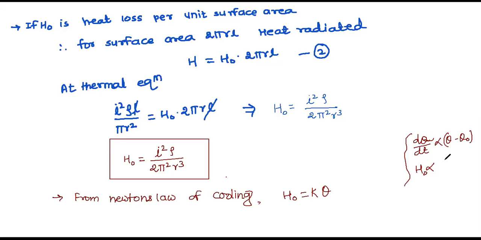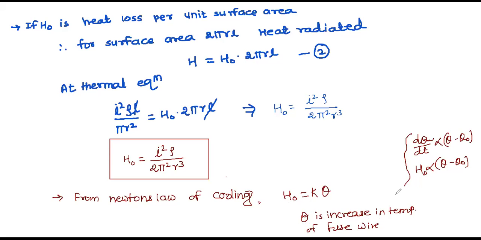That is proportional to theta minus theta naught, or you can say theta is also the change in temperature only. So what is theta here? Theta is the increase in temperature of fuse wire.